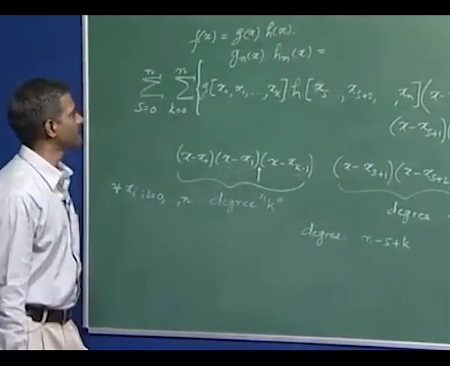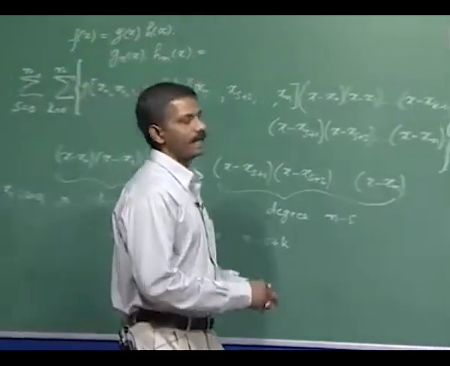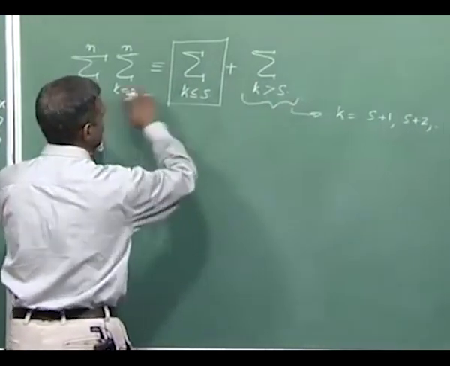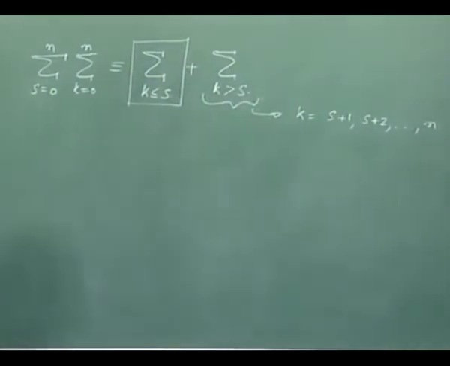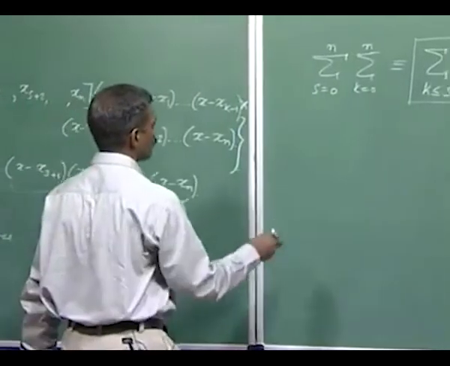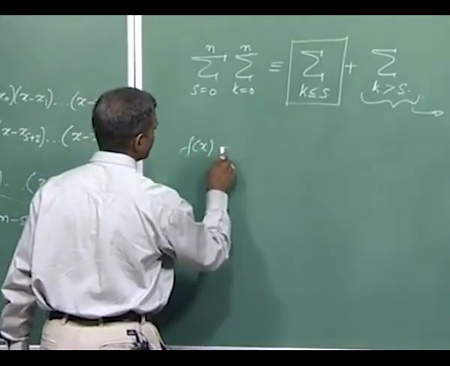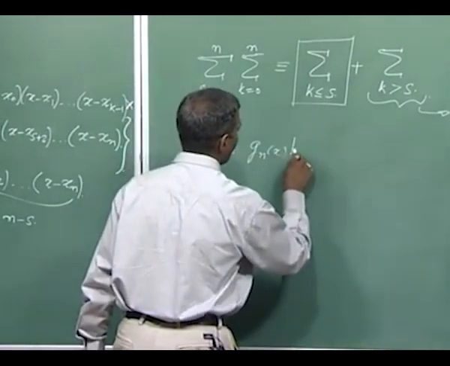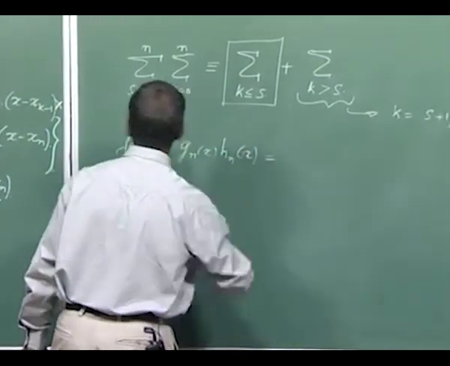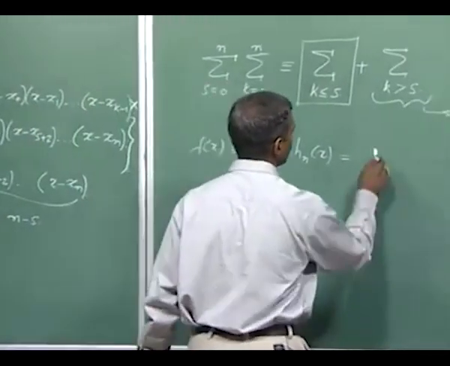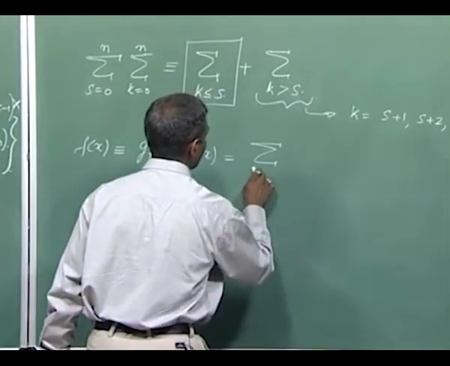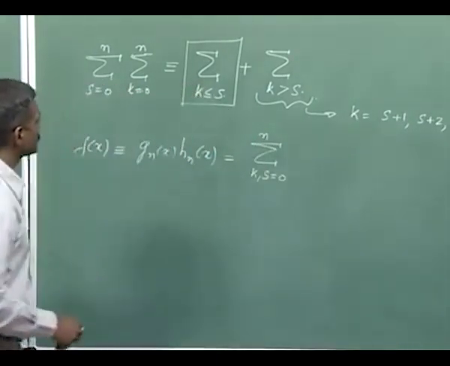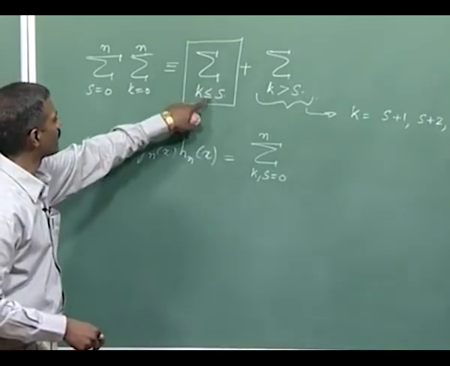All right, so let's get our perspective back. Let me avoid all the confusion and let me rephrase or summarize whatever we have done so far. So f of x was being represented as the product of g of x and h of x, now will be written as summation k and s both going from 0 to n, but k has to be smaller than or equal to s.